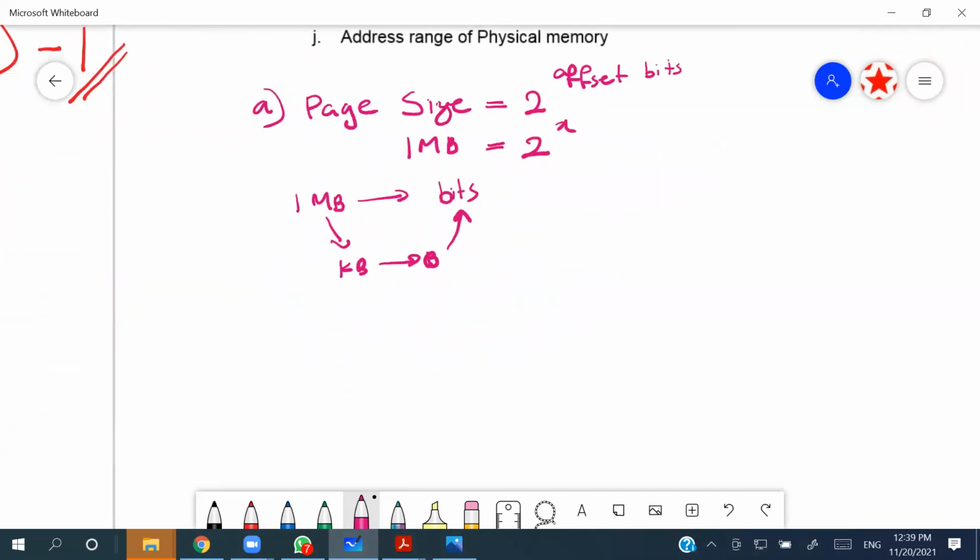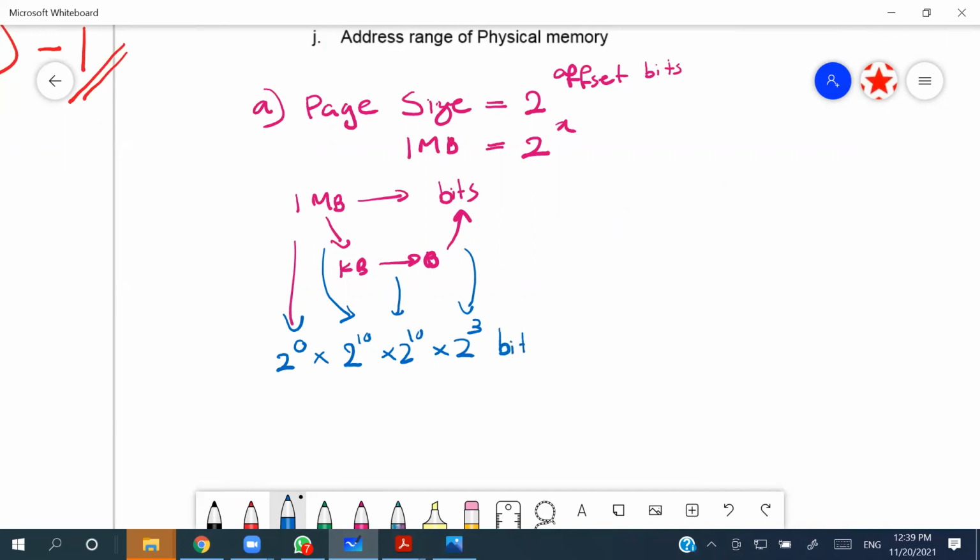So 1, we can take 1 as 2 to the power 0. MB to KB, it's 2 to the power 10. KB to B, it's 2 to the power 10. Bits to byte, it is 2 to the power 3. So this much of bits equals 2 to the power x.